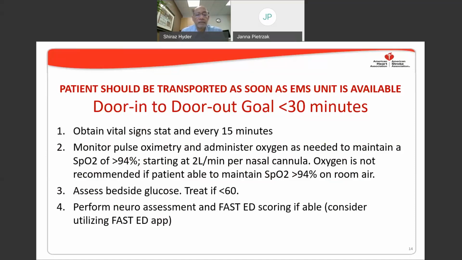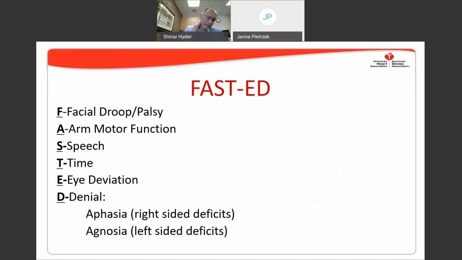documented a good neuroassessment. FAST-ED really is the same acronym for FAST, but ED has been added here to help the neurologist or the ER physician check if there is a large vessel occlusion.